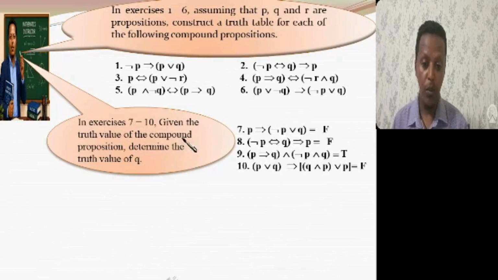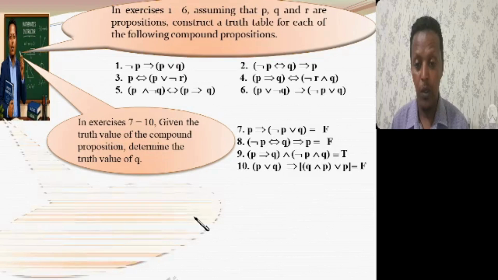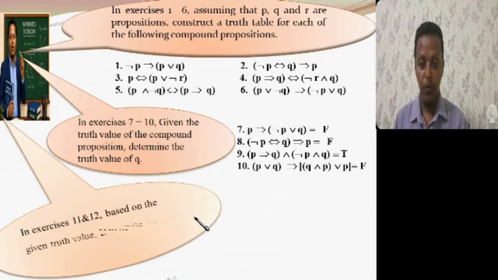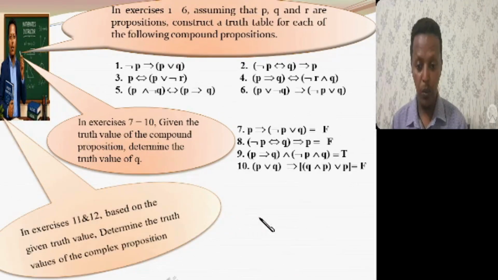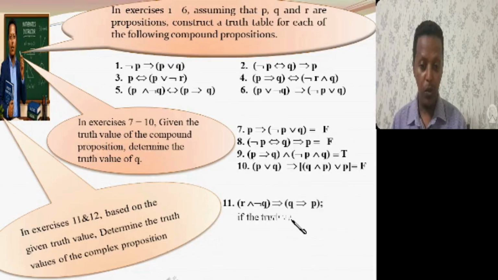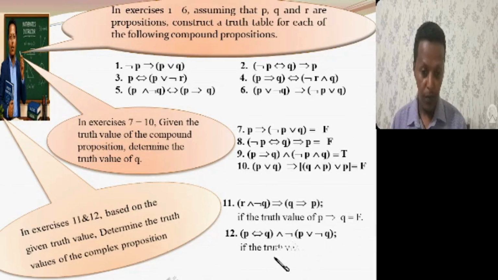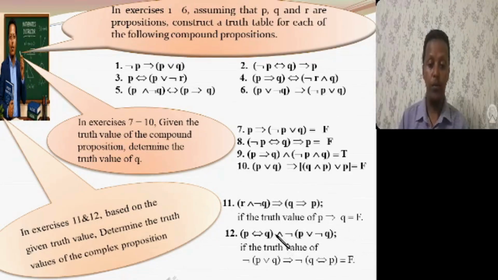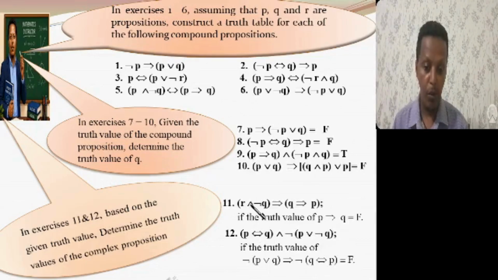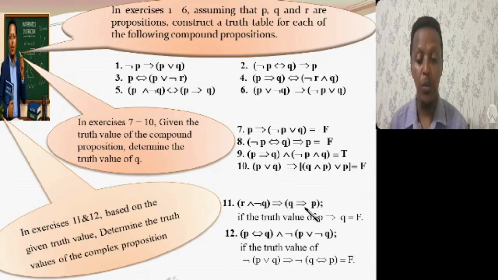Based on the compound truth value, determine the truth value of the component proposition Q. For exercises 11 and 12, based on the given truth value, determine the truth value of the compound proposition. For example, for 11, if the truth value of P implies Q is false, what will be the truth value of the compound proposition R and negation Q implies Q implies P?